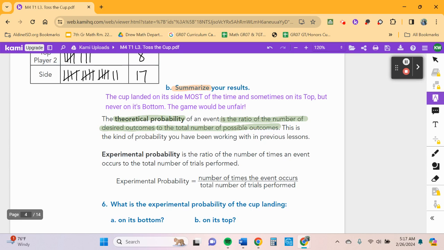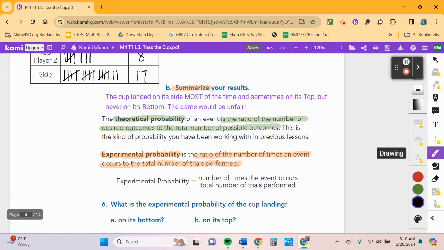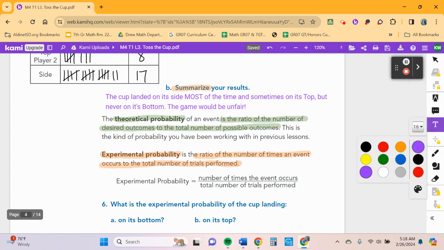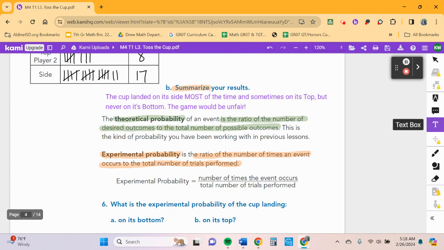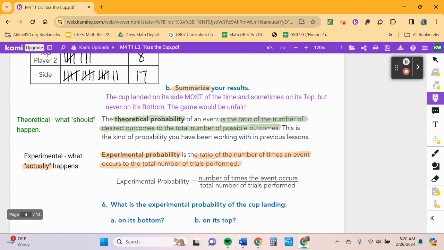An experimental probability is the ratio of the number of times an event occurs to the total number of trials performed. In short, I'm going to make a note off to the side that you can also take. Take a second to copy if you need to.